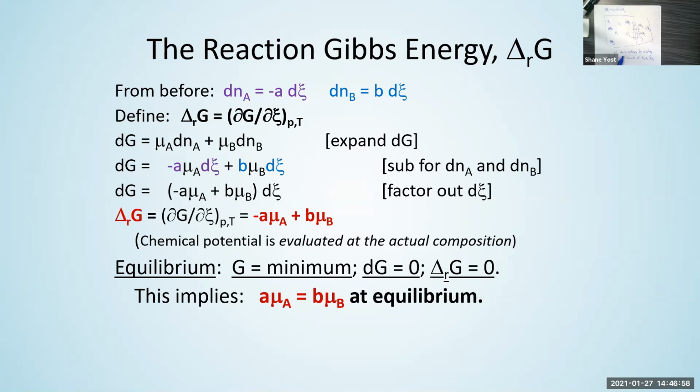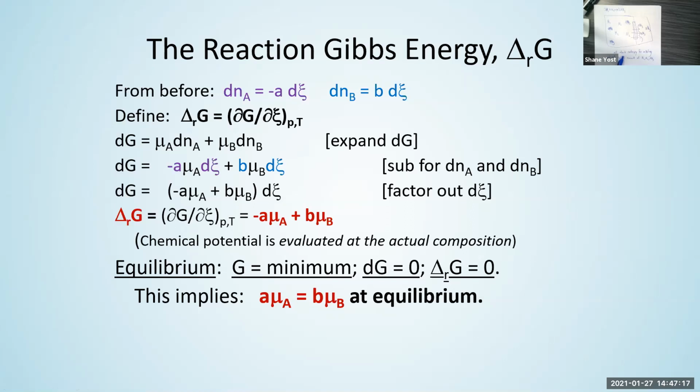So this isn't just true for one reactant going to one product. If I have multiple reactants and multiple products, I just add in the stoichiometric coefficient times the chemical potential of that reactant or product onto the left or right-hand side. The left side is for the reactants, the right side is the products.